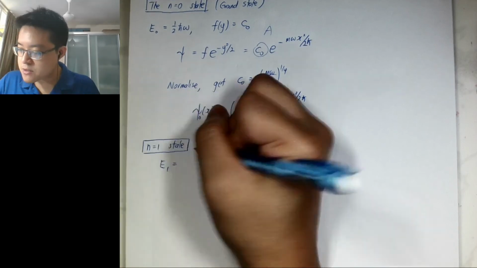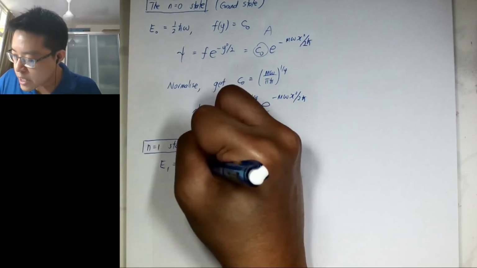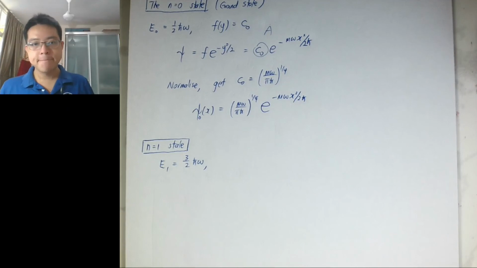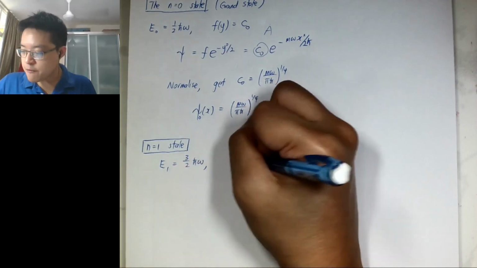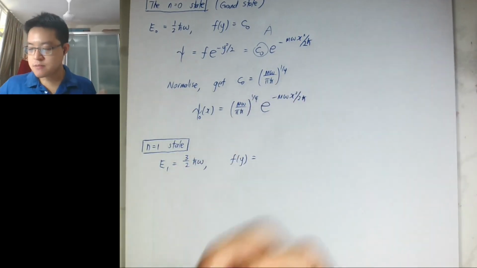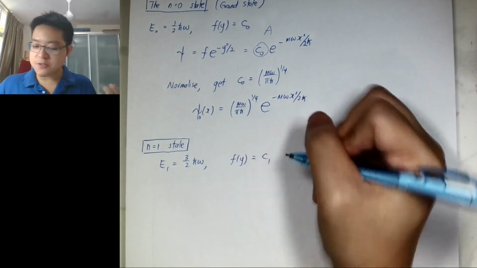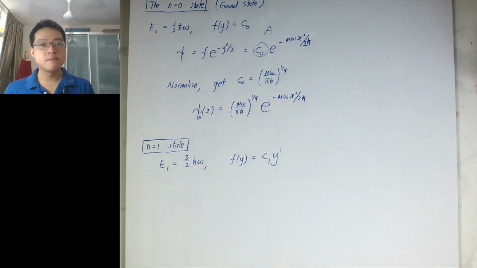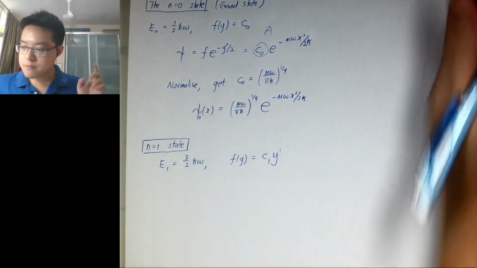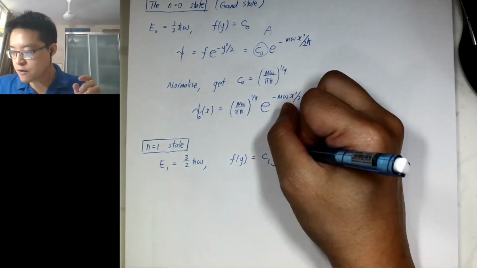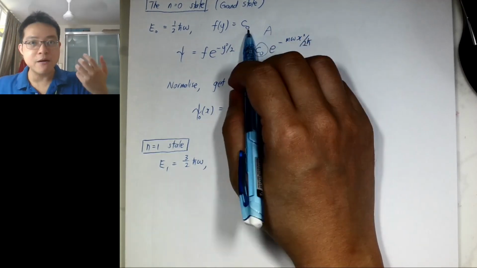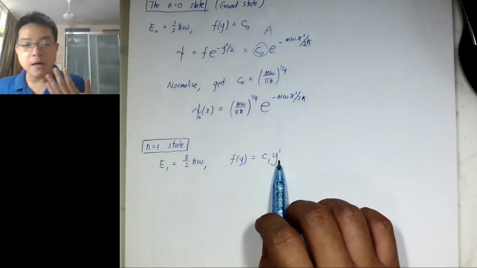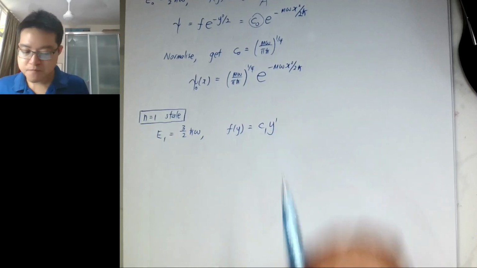If I put in n equals 1, you get 3/2 h bar omega. n is an odd number, so f(y) is just c1 times y to the power 1. Only one term, but the power of y is 1. In the previous one, the power of y is 0, so it was a constant. Here the power of y is 1, so this is a linear term.